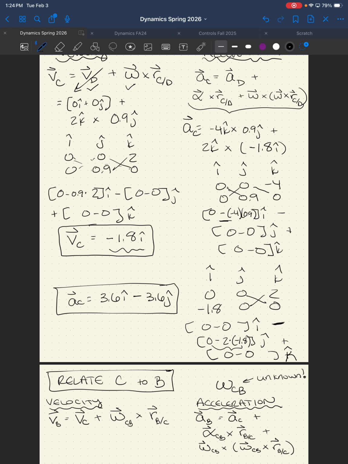And what'll happen is, if we assumed the positive k-hat direction, when we solve a system of equations later, if we get a negative value for omega CB, it just means that we chose the direction wrong. So the positive or negative will come out in the wash when we solve our system of equations. But writing it this way means that we can plug it into a cross product more nicely. Right?